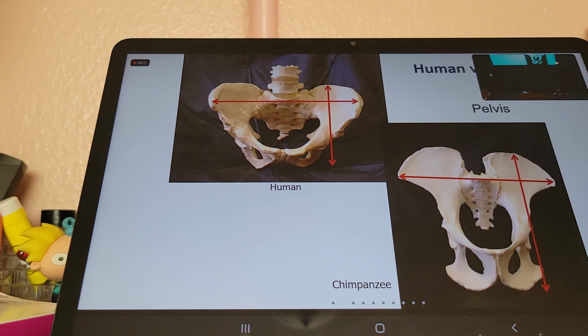Also, humans give birth to big-headed babies. Right? Relative to other species, the heads of the babies are quite large. And so you need a sort of bowl-shaped pelvis with a larger pelvic inlet and outlet in the center here than you do for a chimpanzee.